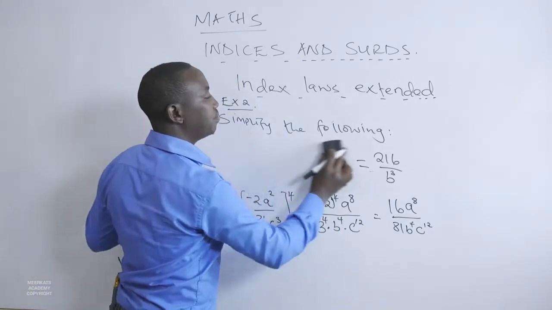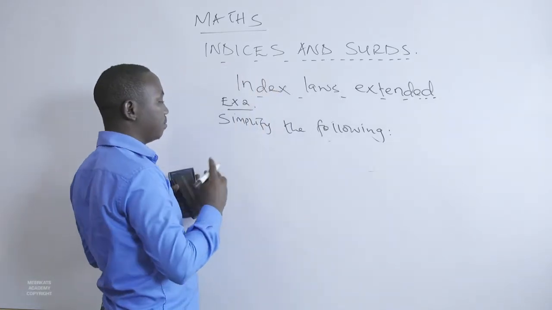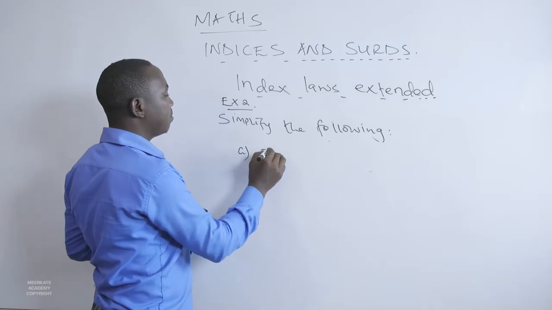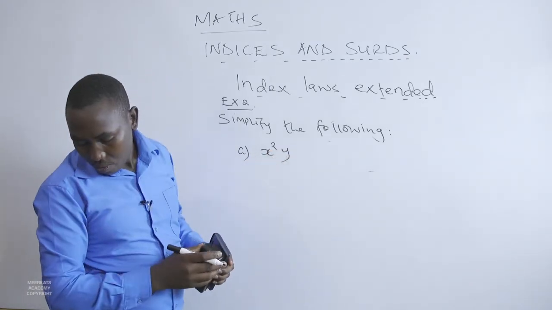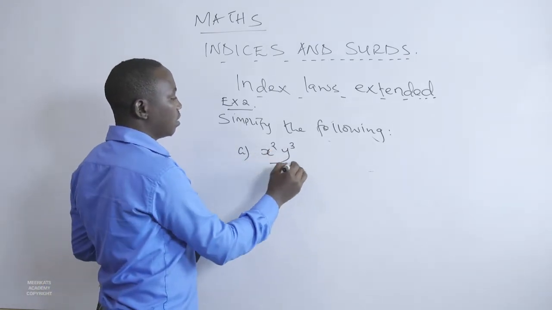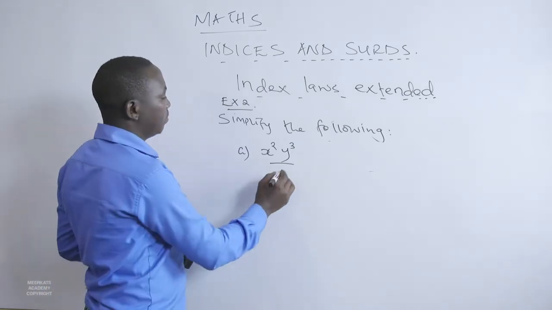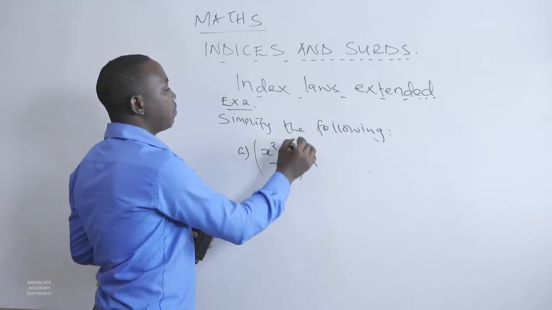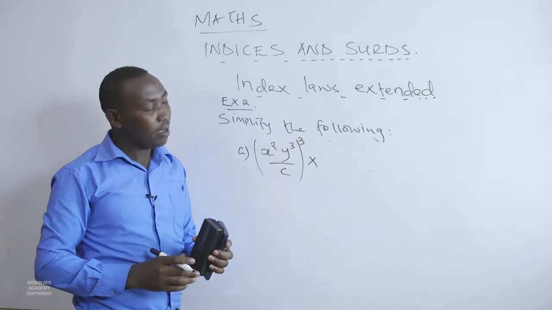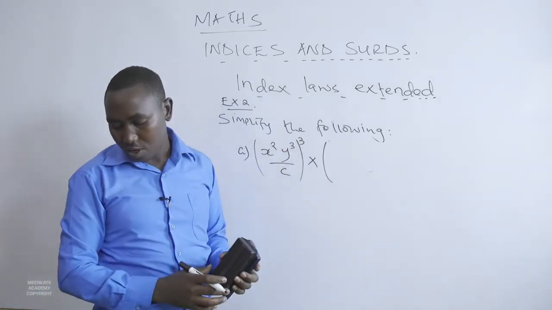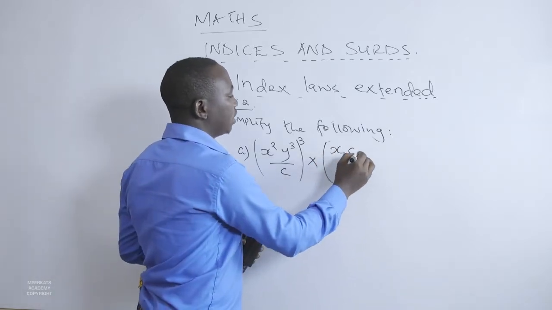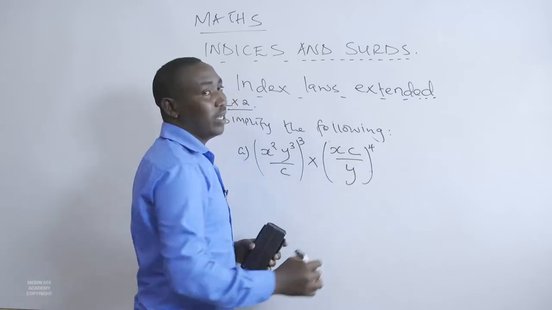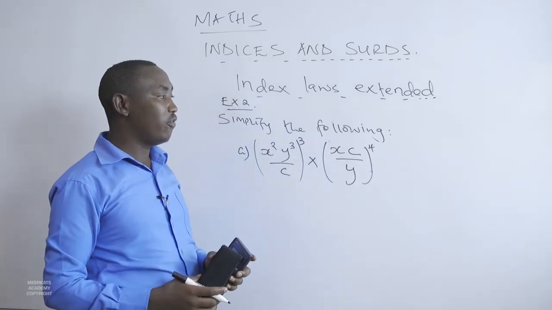Part C of the same, we have x squared, y cubed over c. The whole of it has been raised to the power of 3, and we are multiplying the whole of this by xc over y, and the whole of it being raised to the power of 4.